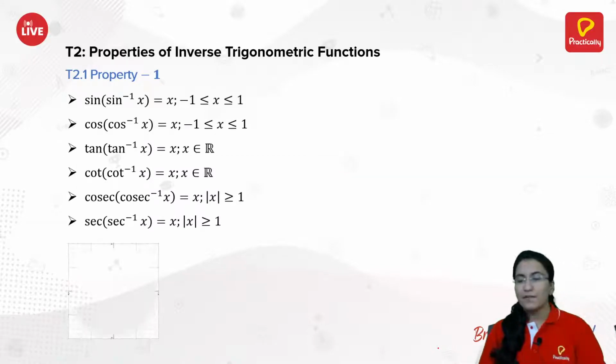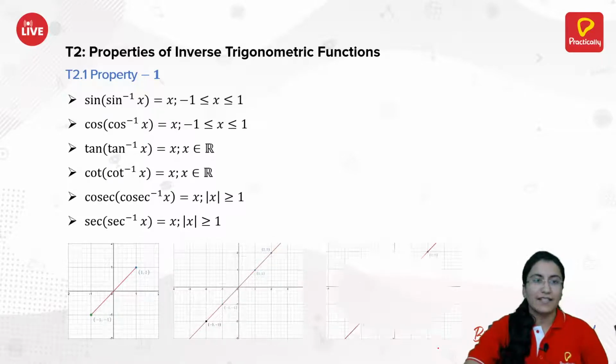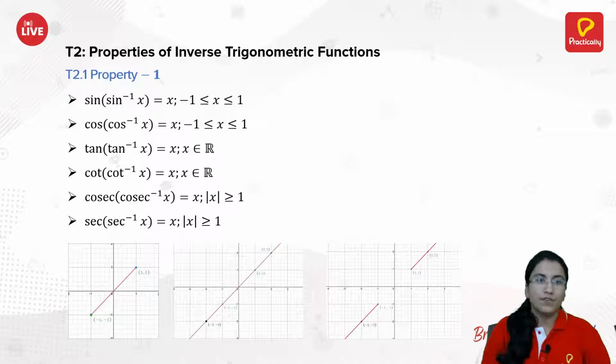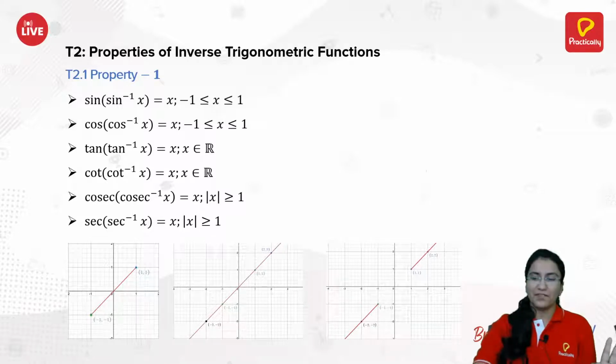So here we have a set of properties. The first properties are based on functions where you have some trigonometric function over its inverse function, like sine of sine inverse x, cos of cos inverse x, tan of tan inverse x, cot of cot inverse x, cosecant of cosecant inverse x, and secant of secant inverse x.